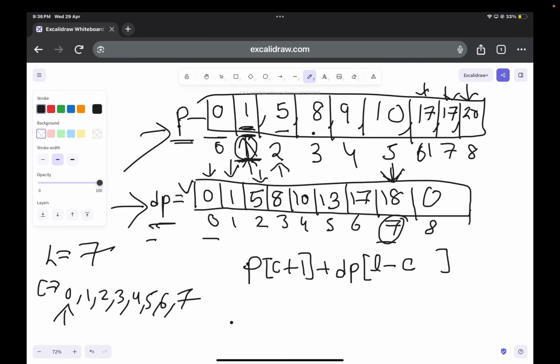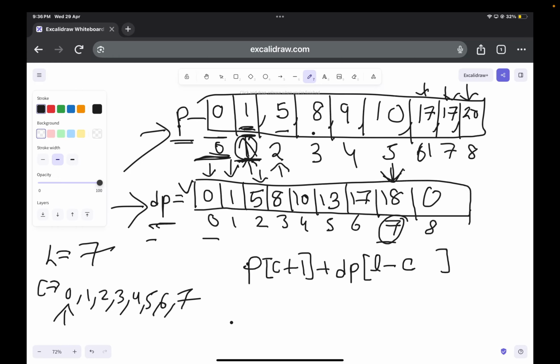Price of 0 is 0, price of 1 is 1, right? But when we are cutting 0, it does not make sense. When we are cutting from 0, it does not make sense, right? So we have to cut from 1.